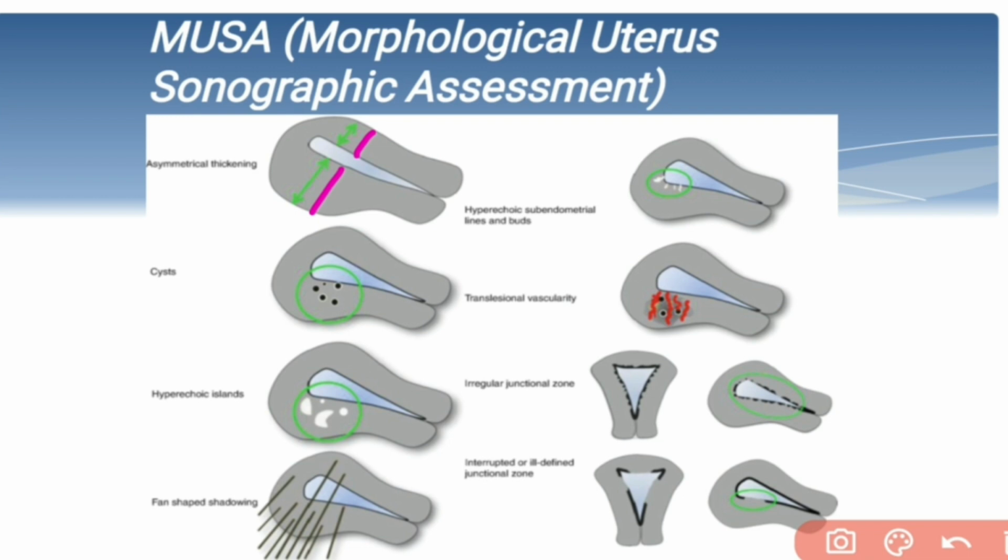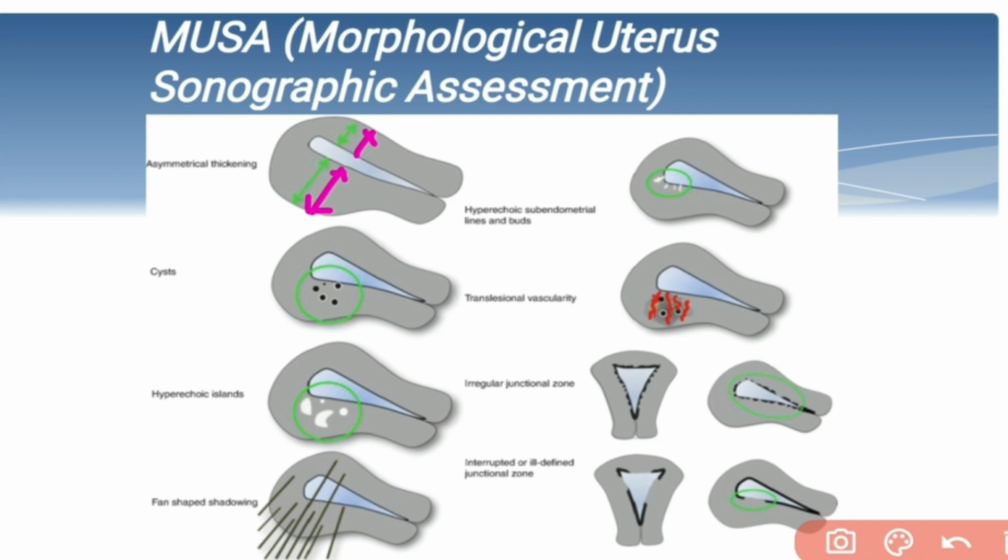There is generalized increase in the size and shape of the uterus, and there is also asymmetrical thickening. That is, maybe there is increased thickness of the posterior wall of the myometrium than the anterior, or vice versa.